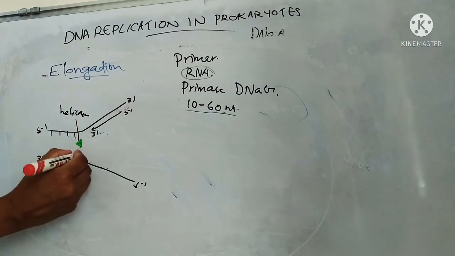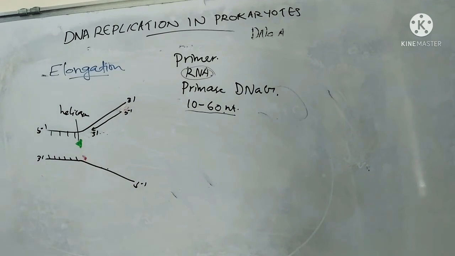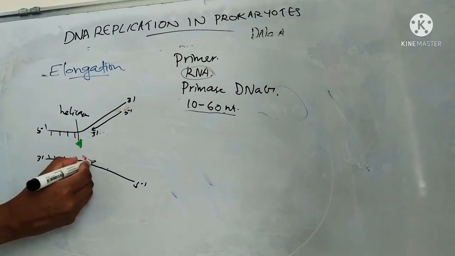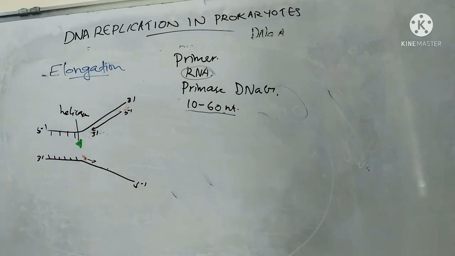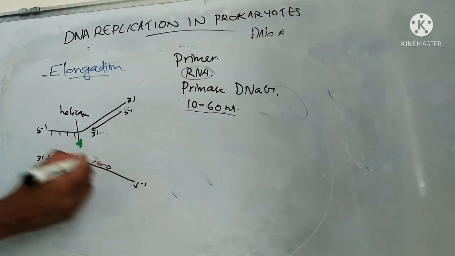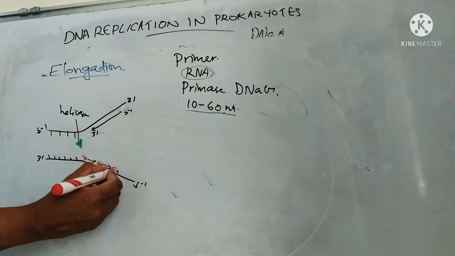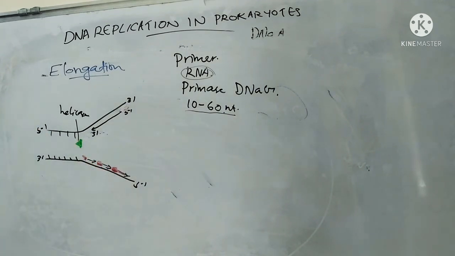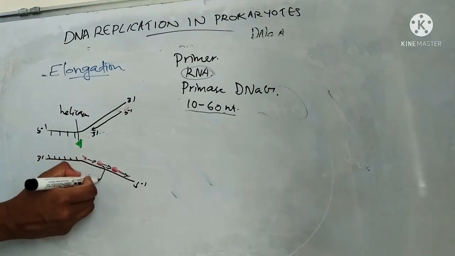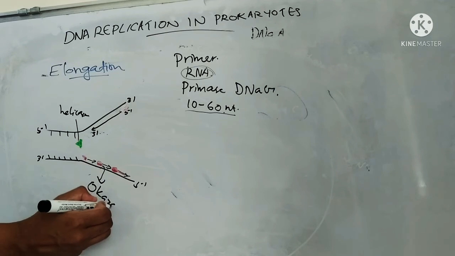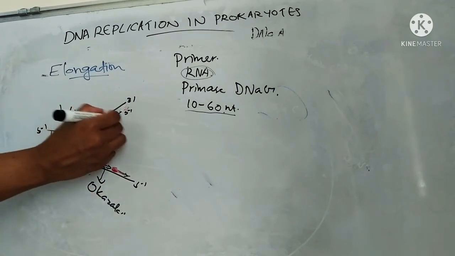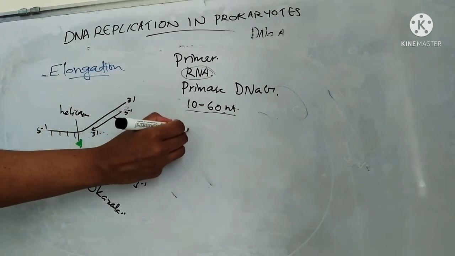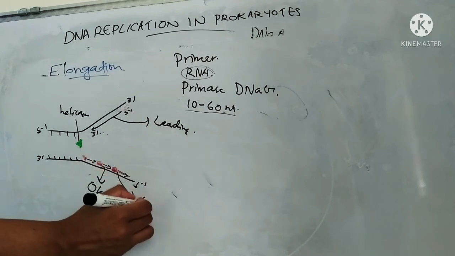So, here it will be like primer, this strand, then again primer, strand, again primer is added, and this strand is synthesized in this manner. So, here it will be in fragments, and these fragments are known as Okazaki fragments. This is leading strand and this is lagging strand.